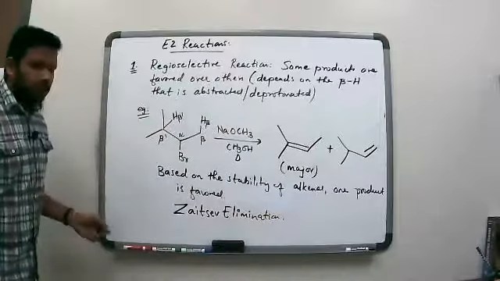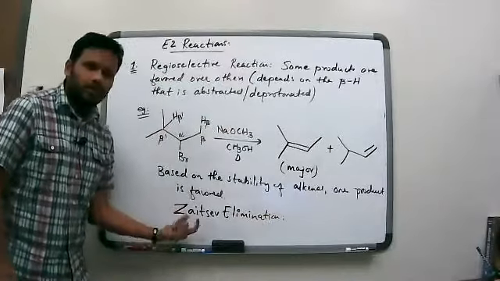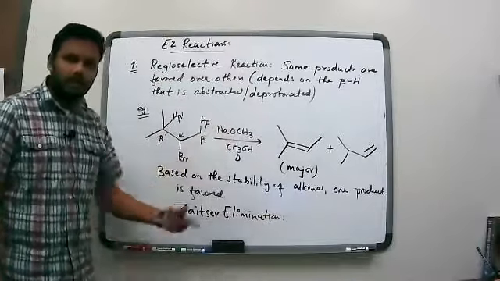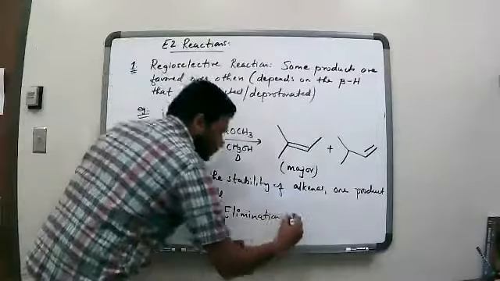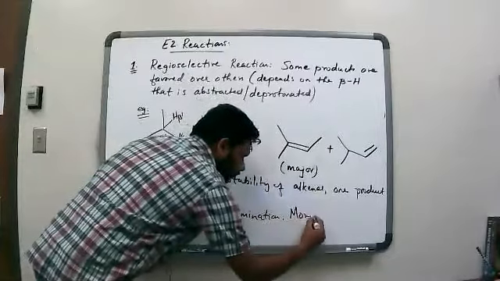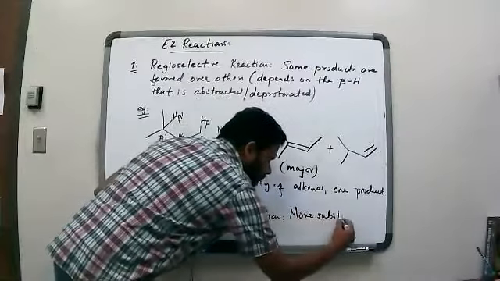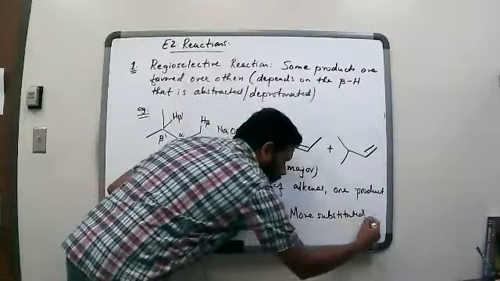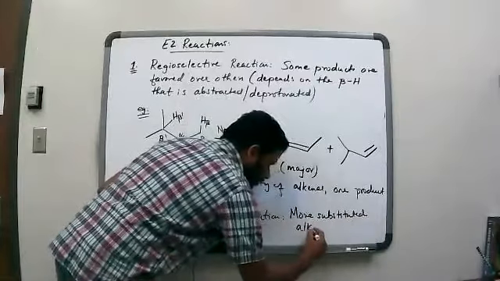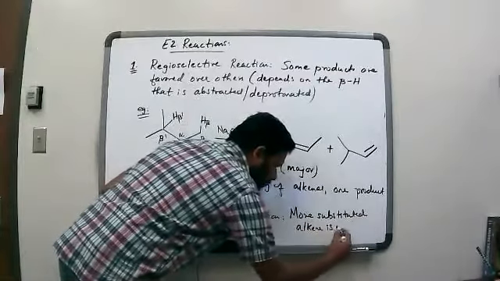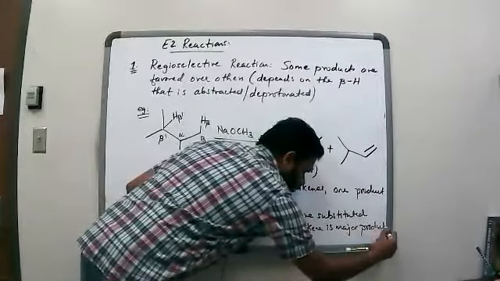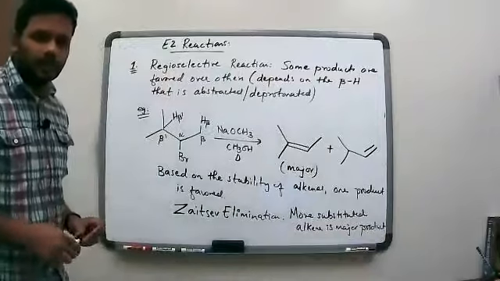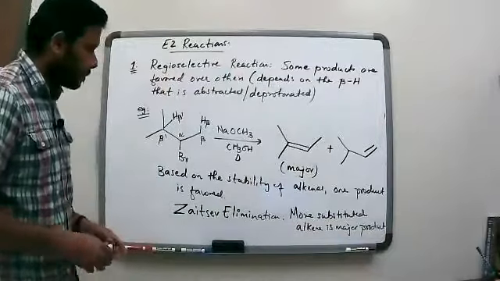Zaytsev is the name of the person who first identified this trend. So Zaytsev elimination: the more substituted alkene is the major product. So that's the Zaytsev elimination.